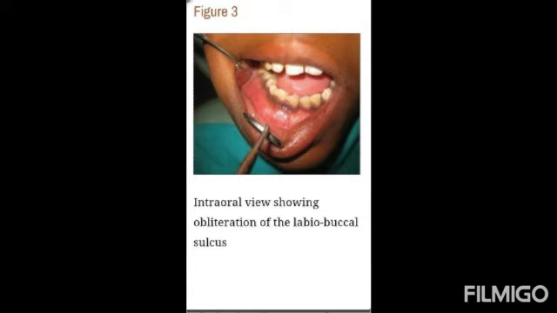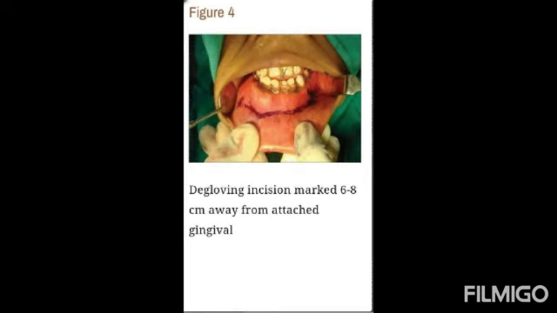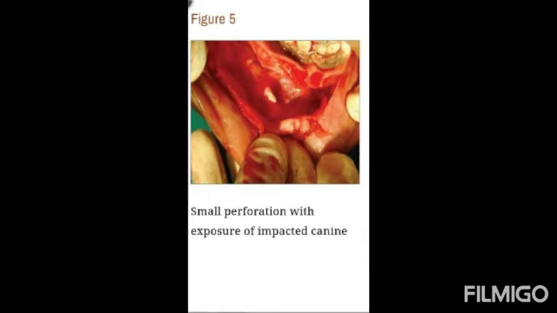The fourth picture shows the degloving incision marked 6 to 8 cm away from the attached gingiva. We have to give a degloving incision.